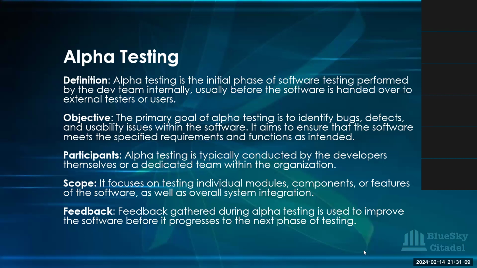Alpha testing is mostly conducted in a controlled environment, like a production environment. This process also allows the testers to simulate real-world usage scenarios.